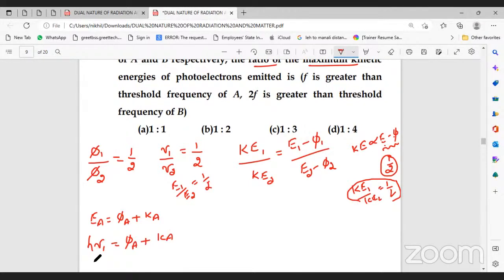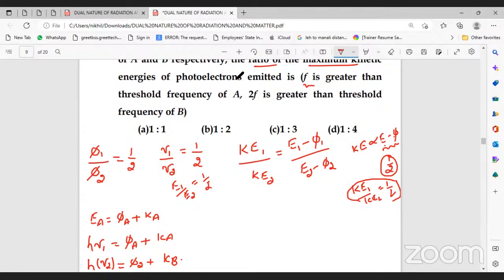What about the second case? h nu 2 equals, what happens to work function? Phi B, yes. Plus what? KB, kinetic energy of this. But what is the incident frequency for the first material? They have given in the bracket.